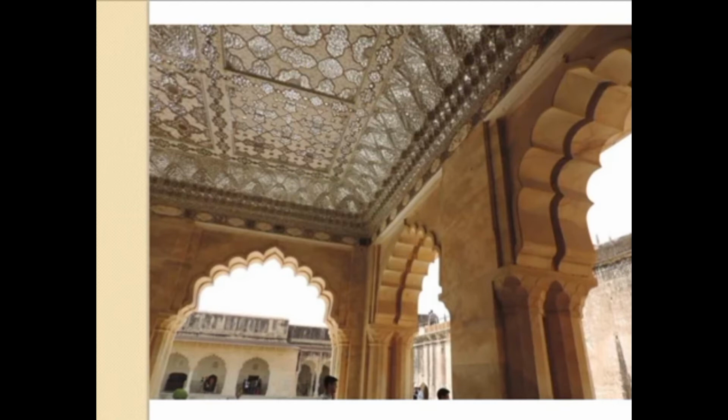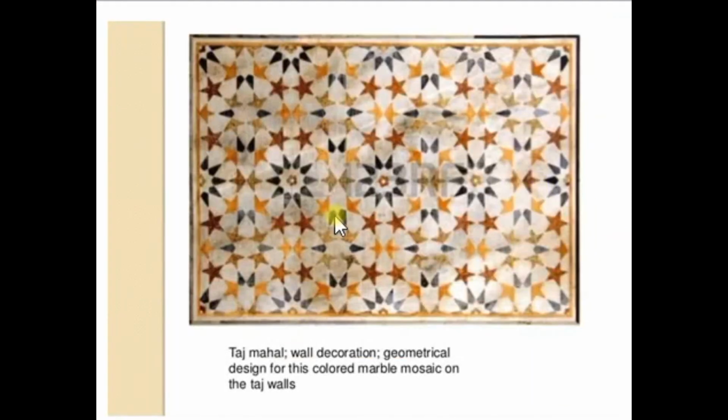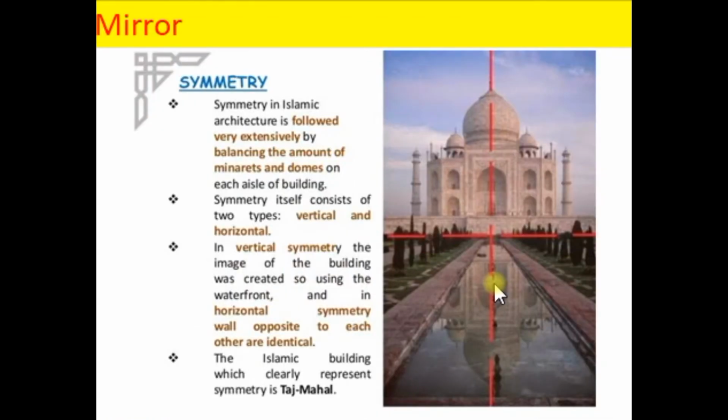So basically, pieces of marble or stone or metals are inserted in marble or in stone. So this is stone inlay work in Taj Mahal, wall decoration, geometric designs with decorated marble mosaics on the walls of Taj Mahal.